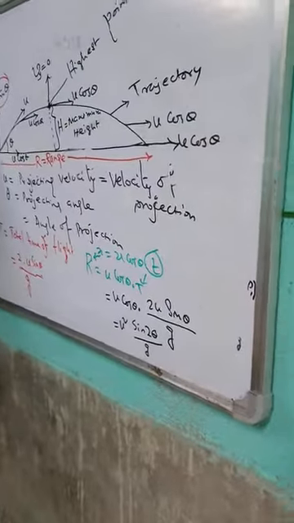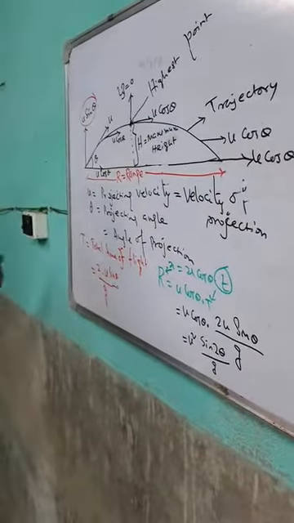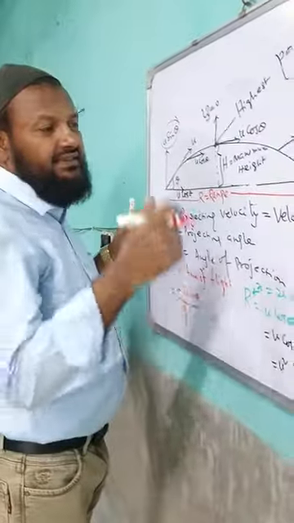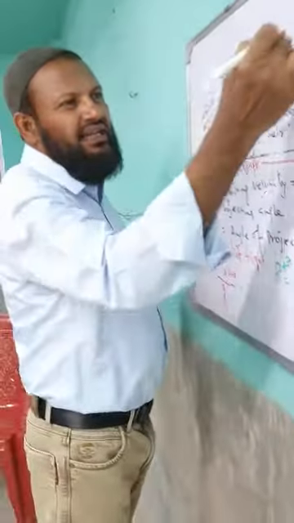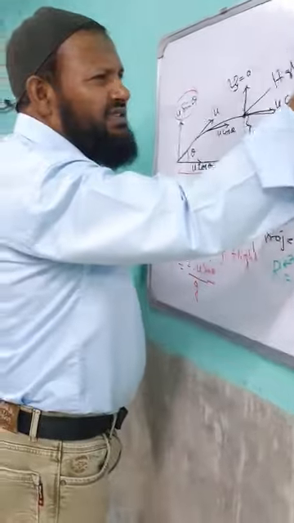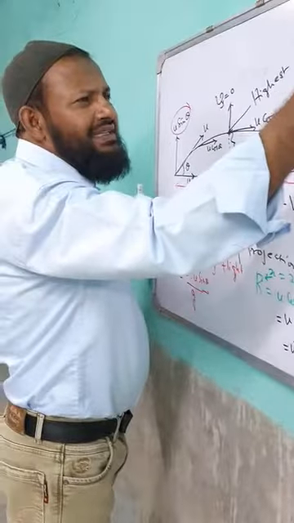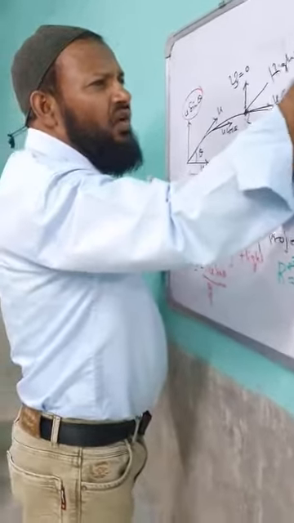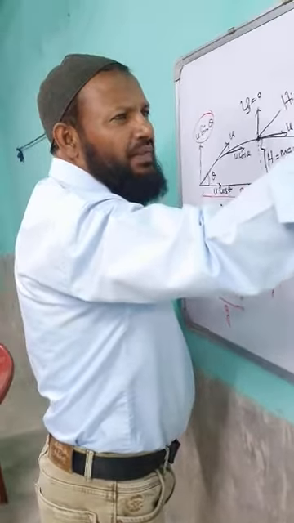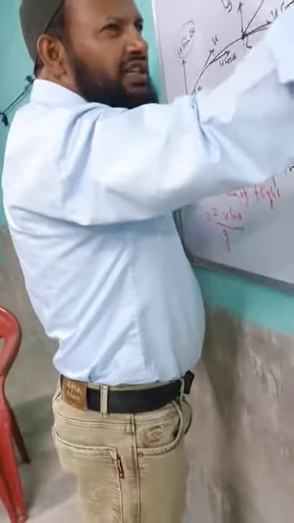You can see it. Please see here. This is the vertical component. Initial velocity, final velocity Vy square equals u sin theta whole square minus 2g into small s.